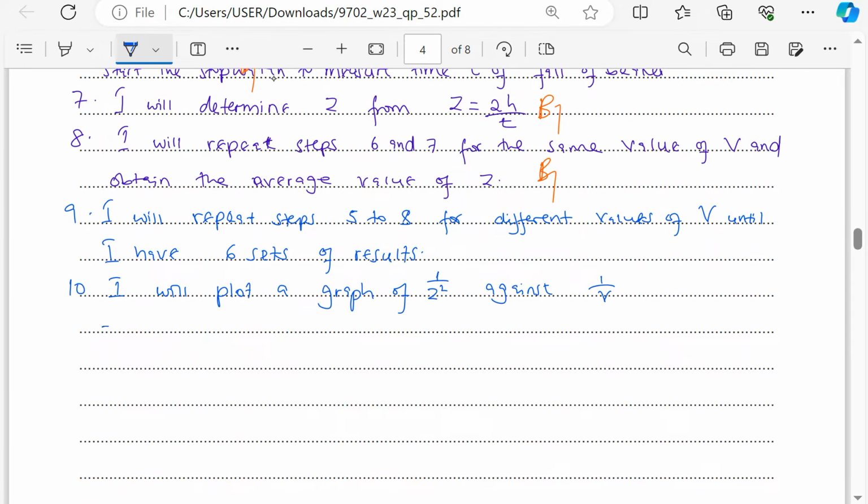If it is a straight line, of course it is not passing through the origin because it has an intercept, which was 1 over 2bh.